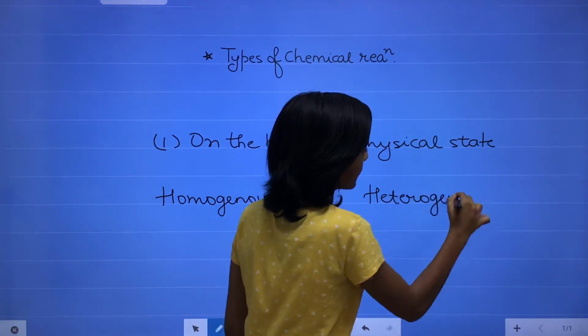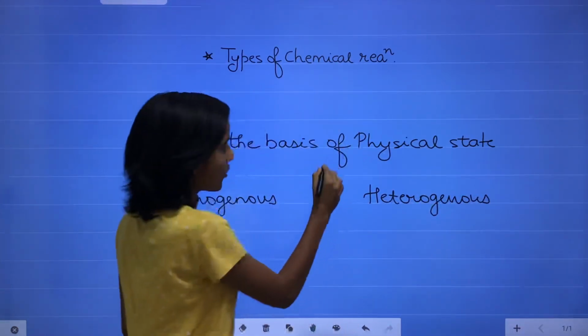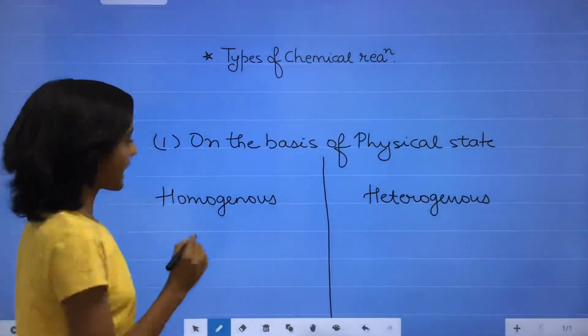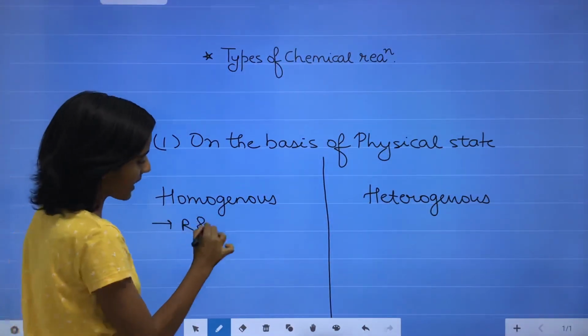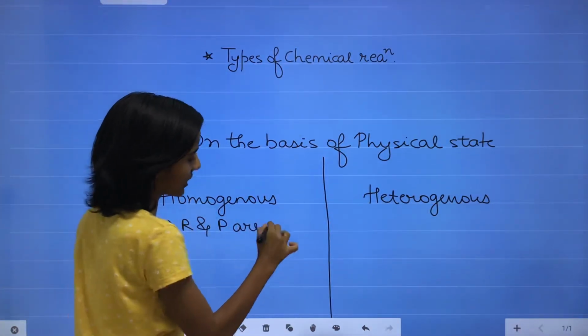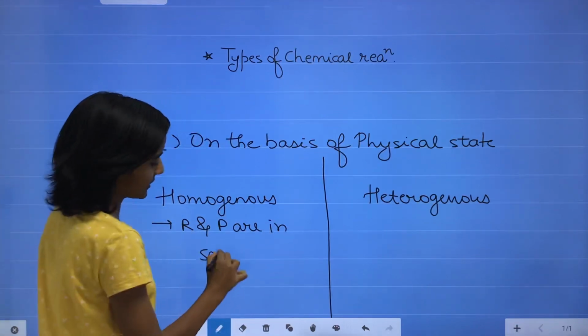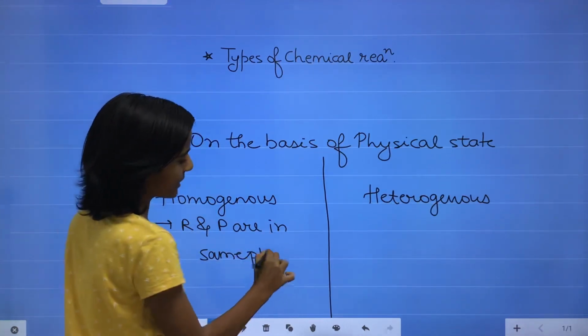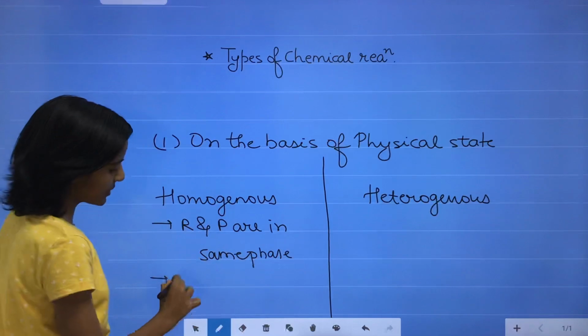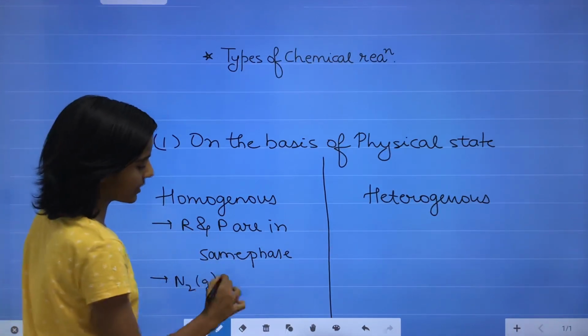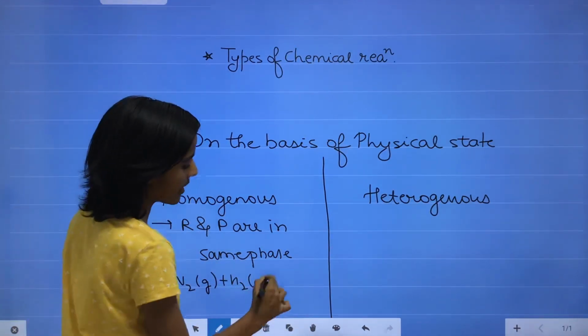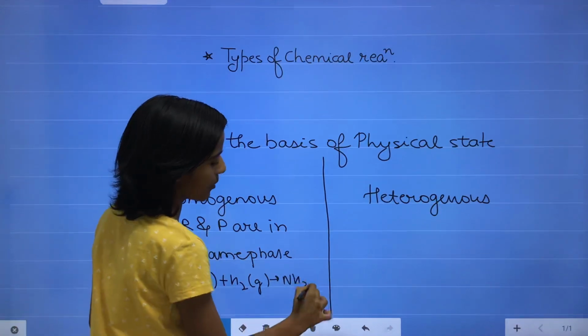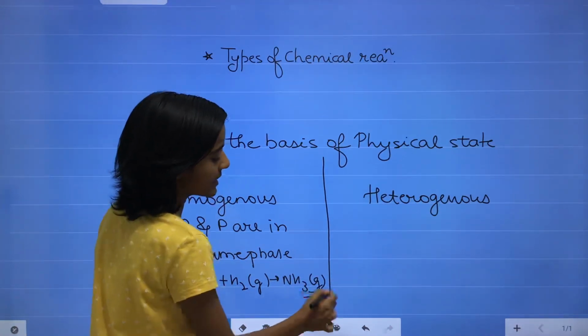In homogeneous reaction, all the reactants and products are in the same phase. Example, when nitrogen reacts with hydrogen, it forms ammonia. So here all the reactants and products are in the same phase.